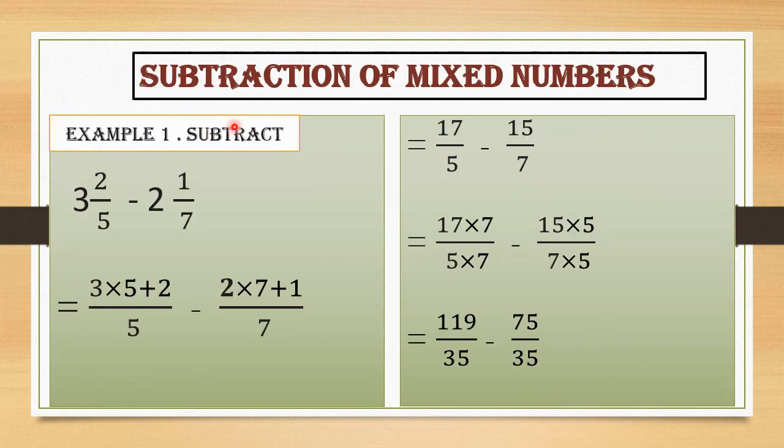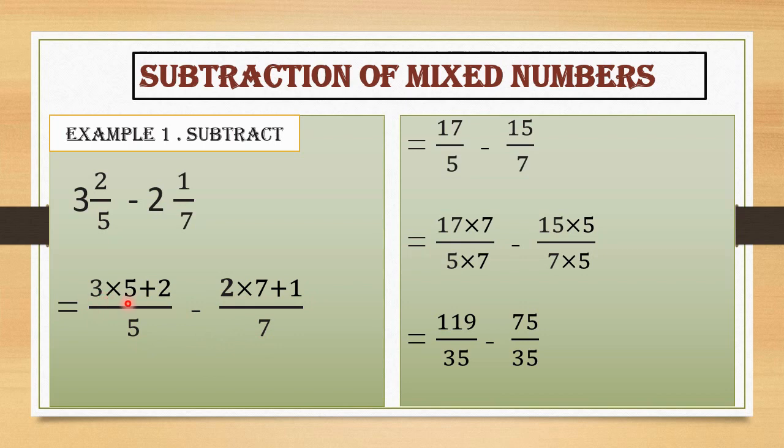Next is subtraction of mixed numbers. Here let's see an example: 3 and 2 by 5 minus 2 and 1 by 7. So here we will do 3 multiplied by 5 plus 2 upon 5 minus 2 multiplied by 7 plus 1 upon 7.